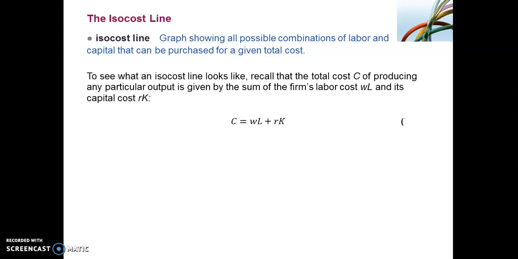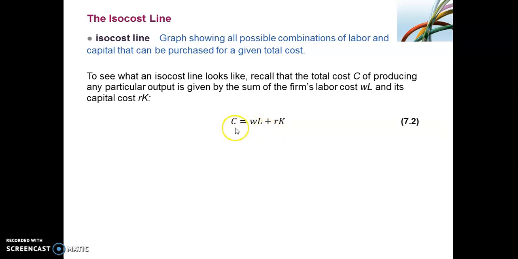So when labor and capital is used or hired, there is a cost attached to it. Now, an isocost line is a graph that is going to show us all the possible combinations of labor and capital that can be bought for a given total cost. Equation 7.2 tells us what an isocost line would look like.